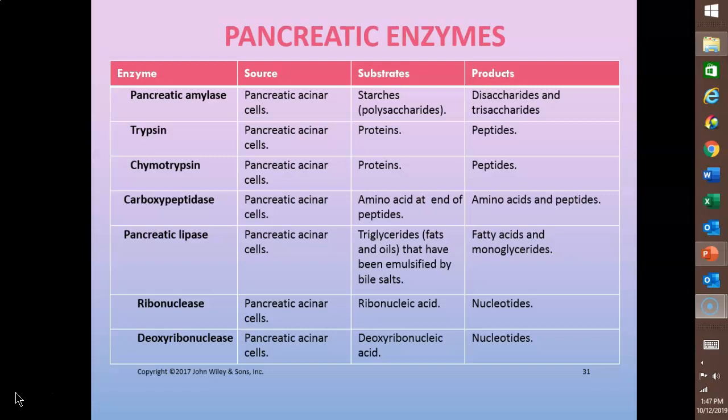So the enzymes in the pancreatic juice include a starch digesting enzyme called pancreatic amylase, several enzymes that digest proteins into peptides, including trypsin, chymotrypsin, and carboxypeptidase, pancreatic lipase that's going to digest triglycerides, and nucleases such as ribonuclease and deoxyribonuclease that are going to break down nucleic acids, RNA, and deoxyribonucleic acids, DNA, into nucleotides.